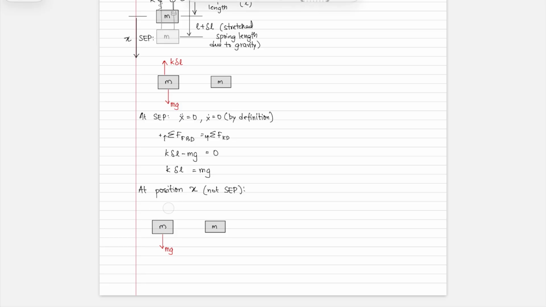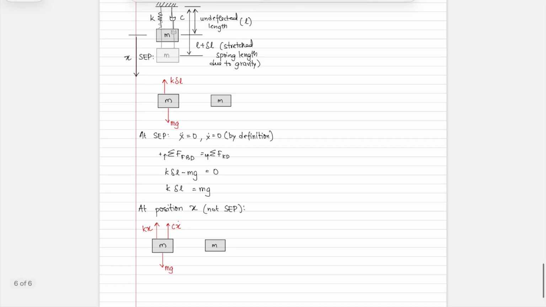You will have now a spring force of k times x, because x is directly measured with respect to the undeflected length. And you will have c x dot, because it is possible to have velocity where it's not at SEP. Then you have mg. That is the free body diagram. And in the kinetic diagram, you will have m x double dot. Is it upwards or downwards? It's always dependent on this x direction.